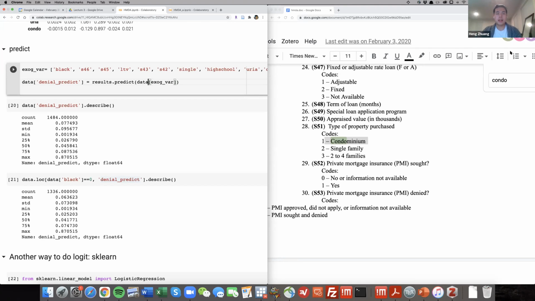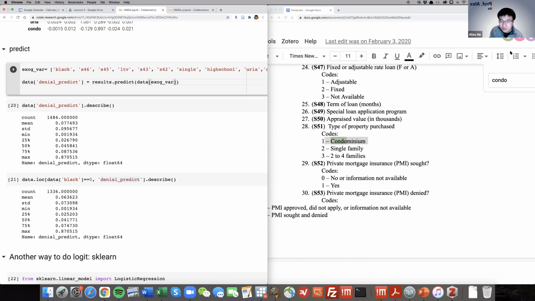I think you're thinking about a question where you're predicting default, and then you want to allocate a limited amount of funding to people who are least likely to default.